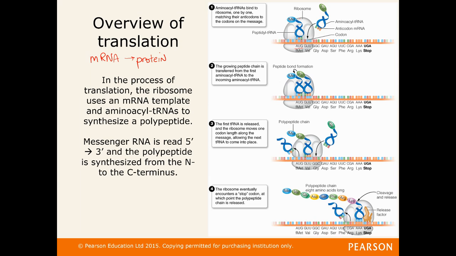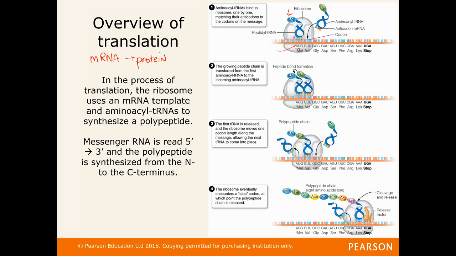And so the transfer RNA comes in, and it's the transfer RNA that has that match to it that on the other side has the methionine. So the tRNA binds to the ribosome one by one, matching their anticodons, which match the messenger RNA. The codon AUG is the code for methionine.